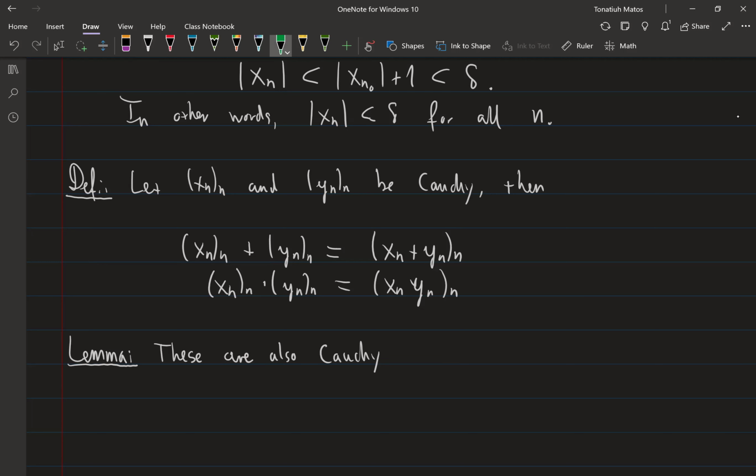So the sum of two Cauchy sequences or the product of two Cauchy sequences is also Cauchy. This is unfortunately kind of technical, so I don't even want to leave this as an exercise because there's a risk you might think that this will be on the final exam. It won't be, right? This is kind of a lengthy proof, but I promise you it uses nothing we haven't already seen.